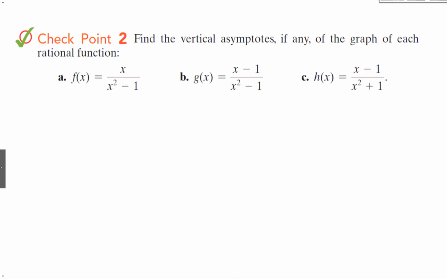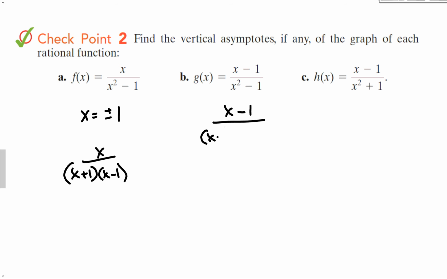Okay. Find the vertical asymptotes. So here, the vertical asymptotes would be x is equal to plus or minus 1, right? If I set that equal to 0 and factor it, x over x plus 1 and x minus 1, okay? Here, notice we have x minus 1 over, factoring the bottom, x plus 1, x minus 1.